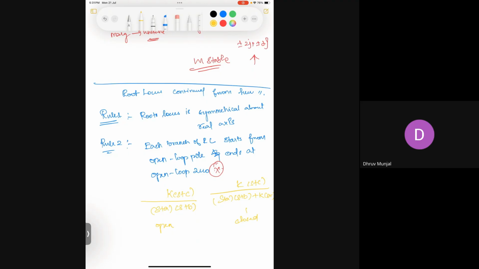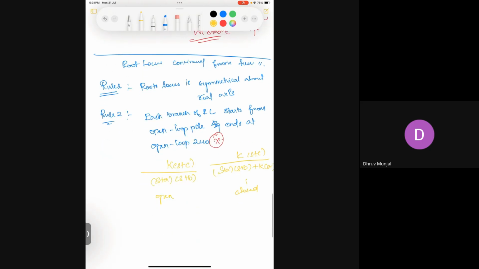Some zero is there I'm considering. Instead of considering no zeros, I'm considering one zero to explain it better. Now, this is an open loop zero, and it becomes part of the closed loop poles here. So the zero that doesn't have any role in stability in an open loop system has a role in stability in a closed loop system. This is an important term that comes up while considering stability.